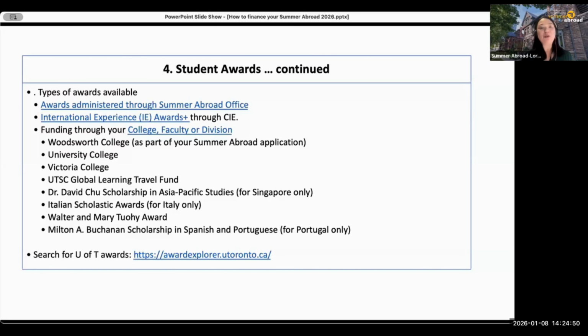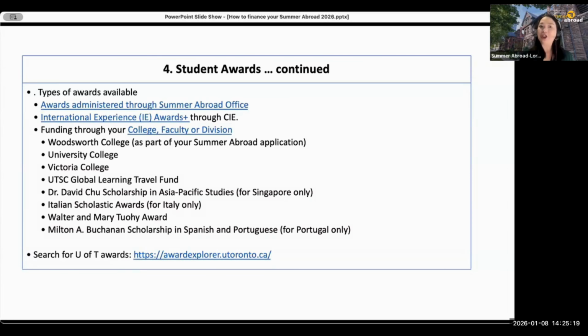On their website, you will notice that they have this award, and every year they have opened up their IE Awards Plus and made it eligible to summer abroad participants. So as soon as you are admitted, or when you're thinking about putting in your application, I definitely encourage you to view the IE Awards Plus information and make sure you are applying for that funding.